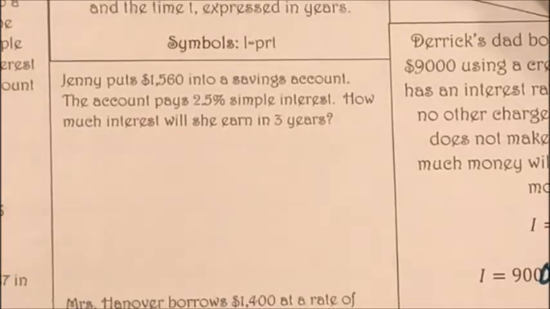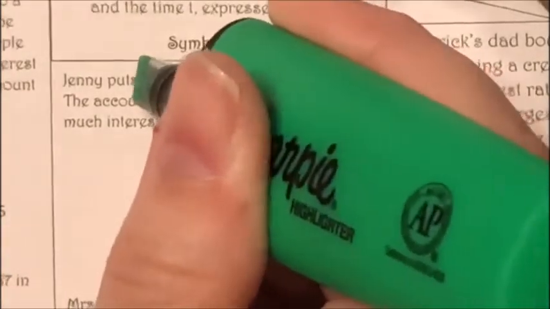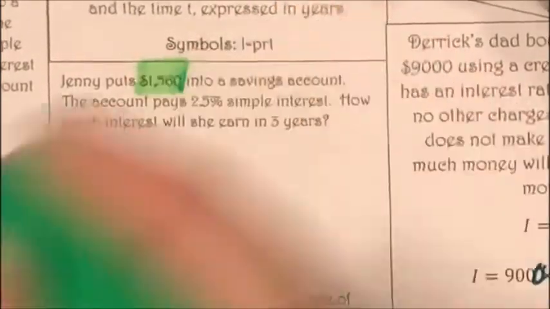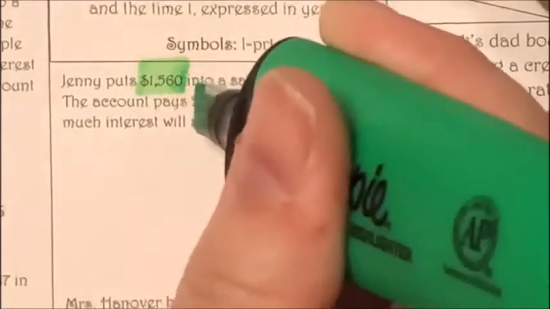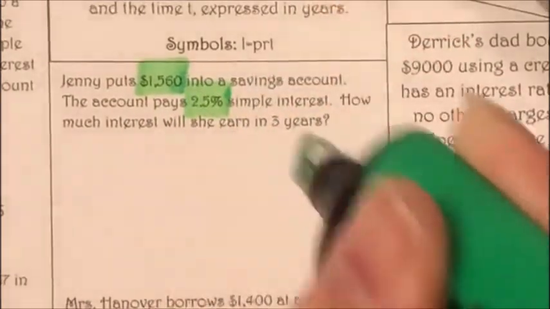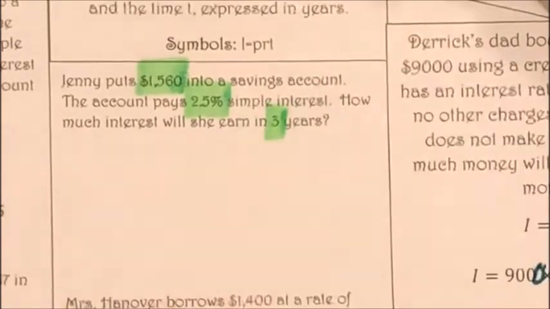The important numbers that I have are the rate, the principal, and the time. The principal they give us, the amount that she's putting in, is the $1,560. The rate is the 2.5%, and then the time is 3 years.